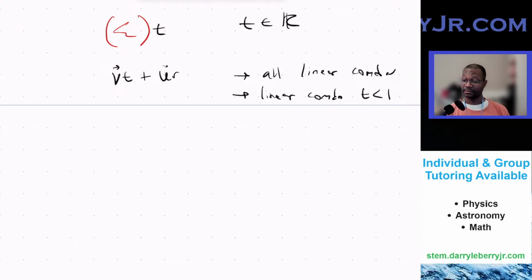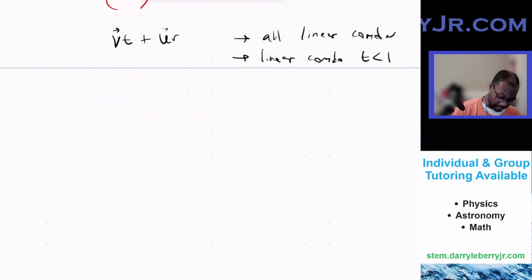Let's go ahead and get started. So example 2. This is 2.2.